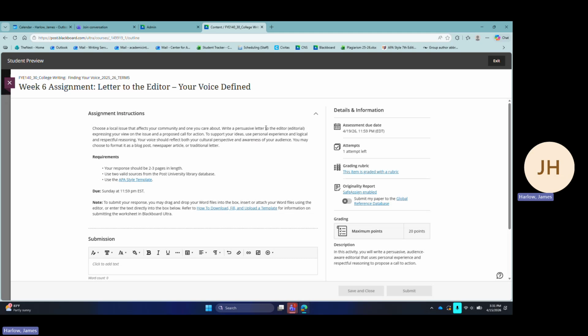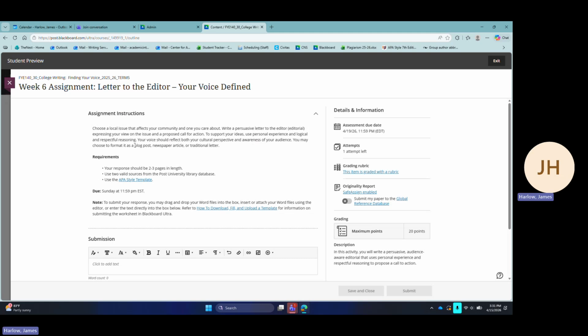So your audience is going to be the people who would be reading this editorial, but also the people who are also interested in this topic, or perhaps are interested in making positive change. And if we're persuading them and trying to get them to agree with us or join us, then this letter is going to need to persuade them to do that. So it's important that you keep all of these ideas in mind.